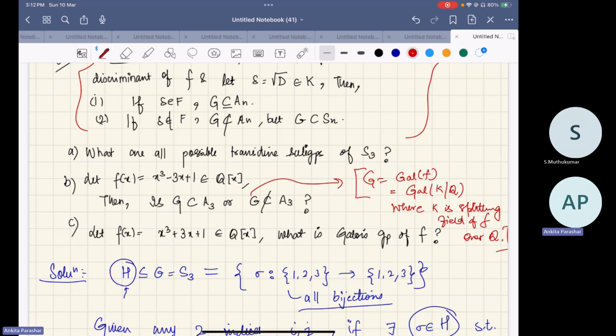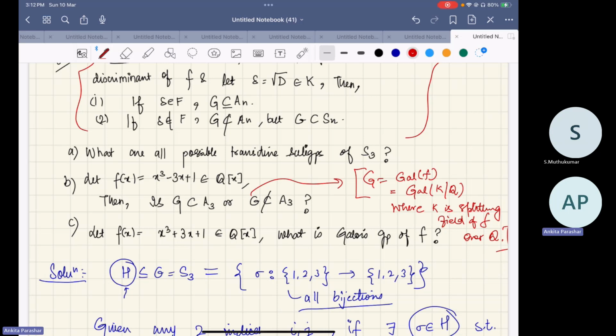Okay, but looking at the definition, you have to find the splitting field. That means you have to find the roots, right? And it's not always easy to get the roots. So there is another way to see whether the Galois group of a degree 3 polynomial, maybe specifically of the type that we have taken, is contained in A3 or not.